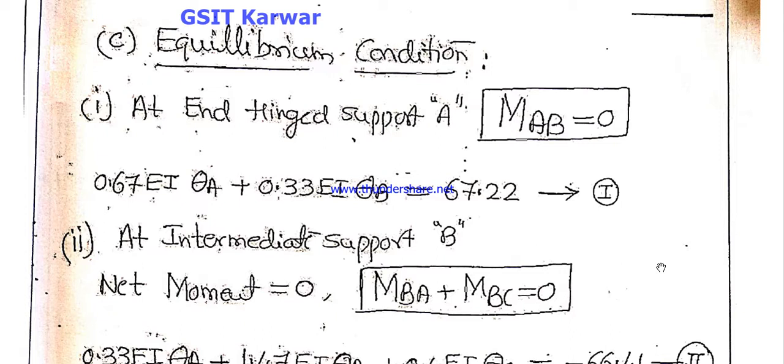This is the third step, applying the equilibrium condition. At the end hinged support A, the moment AB is equal to 0 by the equilibrium condition.